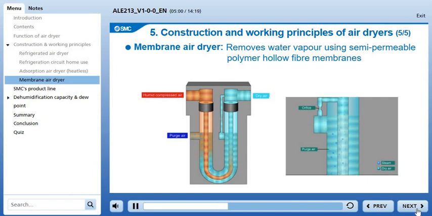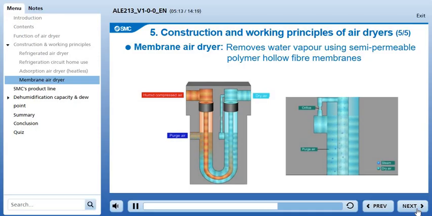Due to the difference in pressure of the water vapor inside and outside the membrane, water vapor is released to the outside. To keep the outside of the membrane dry, some of the dehumidified air is used to flow outside the membrane. Therefore, this type of air dryer consumes air, like the adsorption air dryer. However, unlike the refrigerated air dryers and adsorption air dryers, no power supply is required, and modular connection is possible.